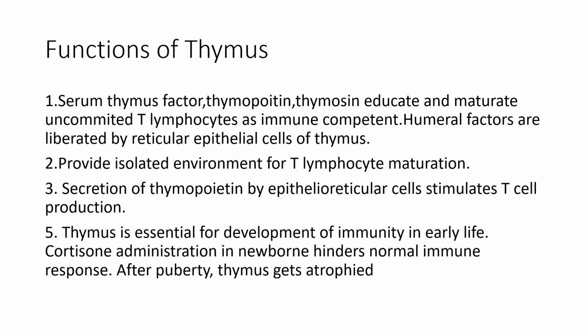Then it provides an isolated environment for T cells until they mature. And the thymus is essential for immunity in early life, that is, till puberty. After puberty, the function is taken over by other organs, and thus the thymus starts regressing. A regression or atrophy of the thymus occurs after puberty.